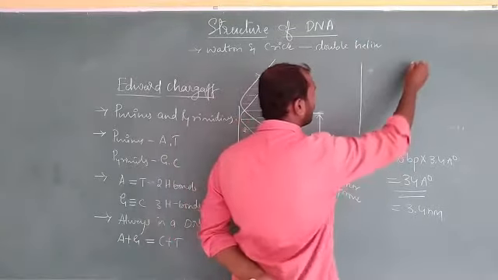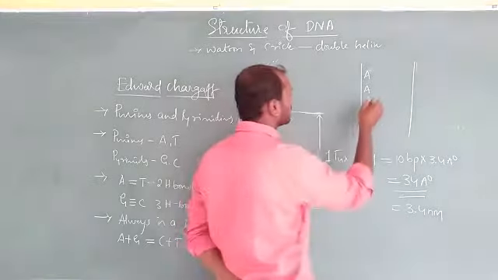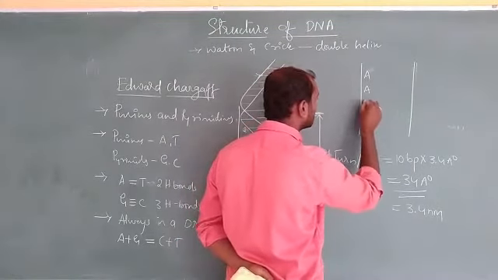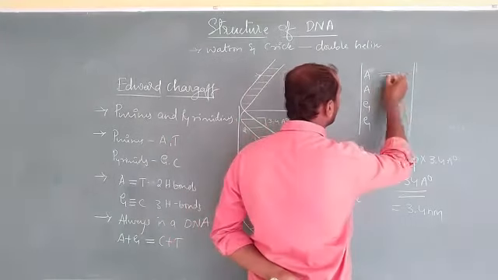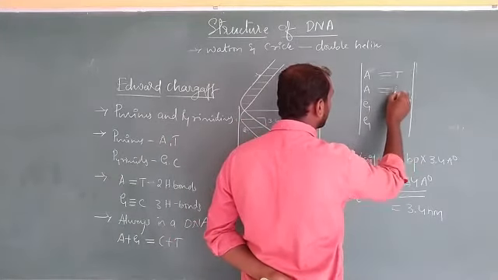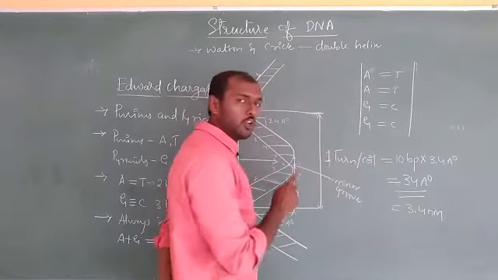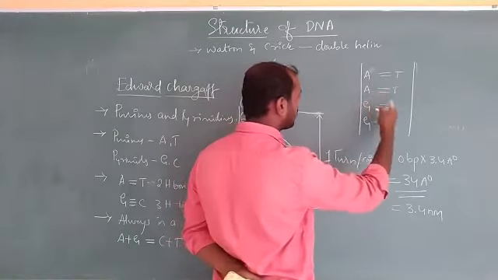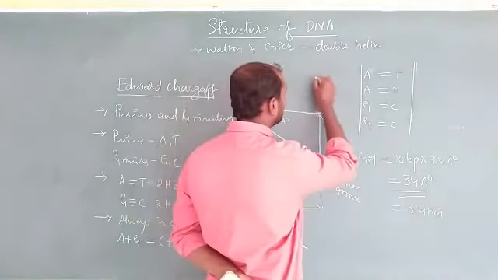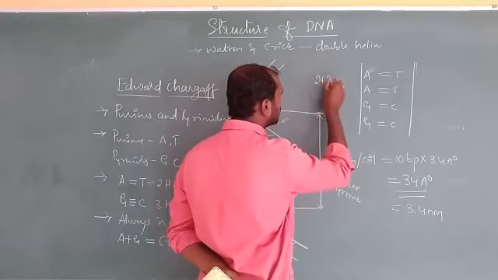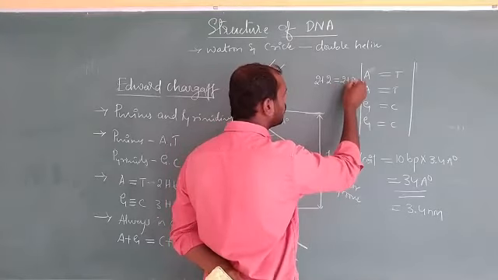If we have 2A and 2G in a DNA, then this A is going to bind with a T, and here also T, here C, and here C. So if there are 2A plus 2G, then definitely there should be 2T and 2C.